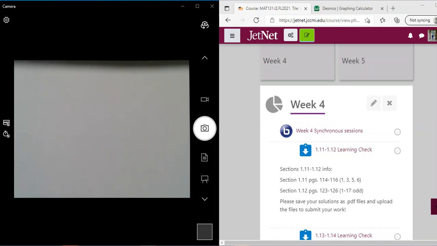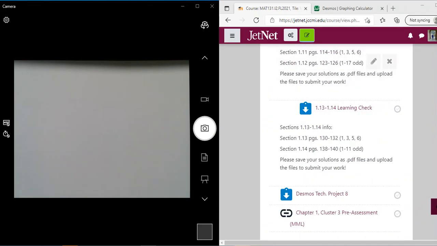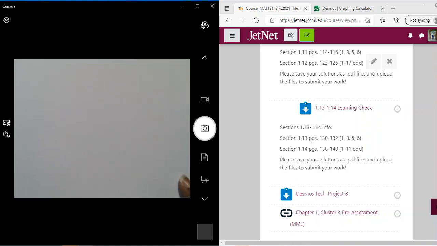Okay, class, we're about to go over sections 1.13 and 1.14. Now, let me share my screen here. If you notice, I'm not putting the textbook up anymore because all of you should have the textbook by now.